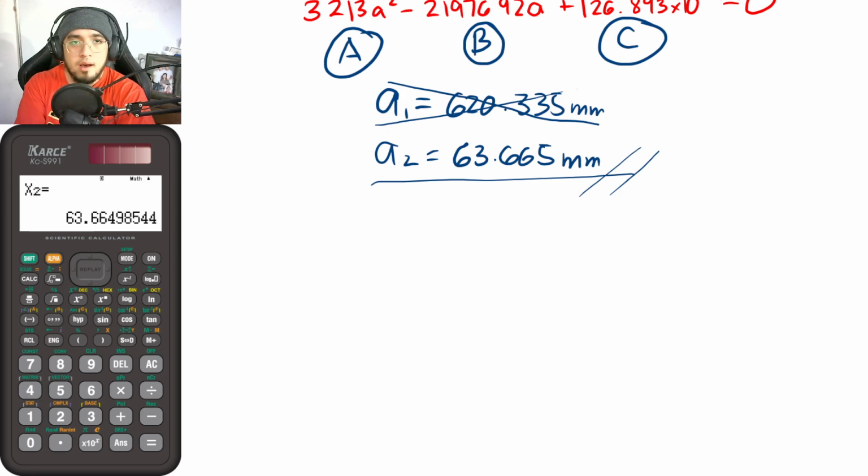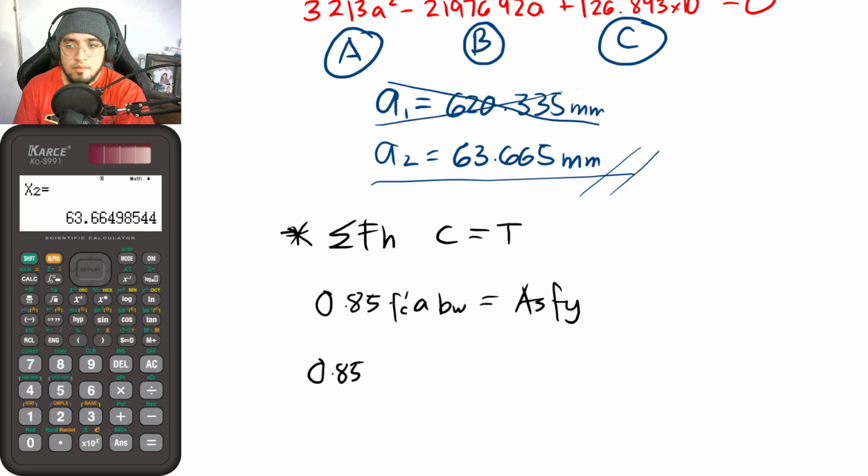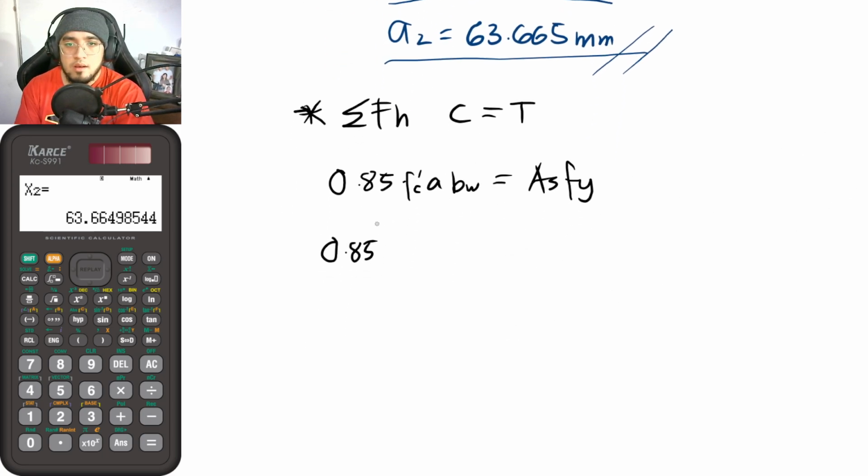So going back to summation of forces horizontal, where C is equal to T. So this is now equal to 0.85 times F prime C times A times B sub W is equal to AS Fy. So substituting all known values, 0.85 F prime C, and F prime C is equal to 28.